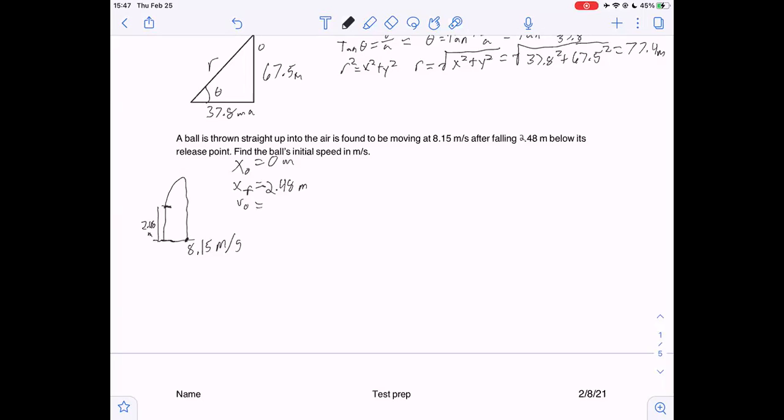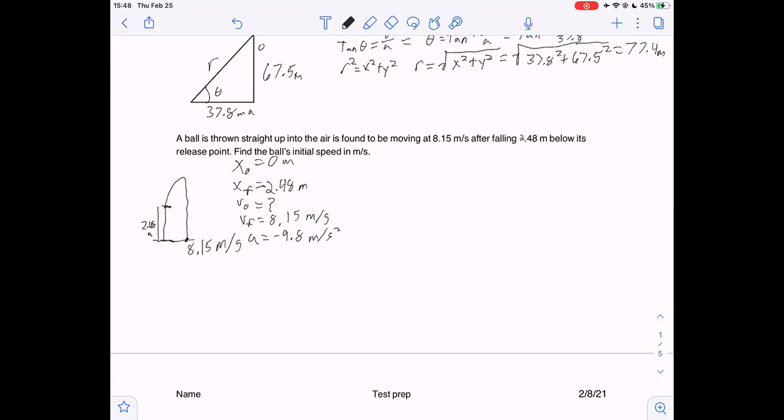Now our final velocity is 8.15 meters per second. What's going to be our acceleration? Negative 9.8 meters per second squared.